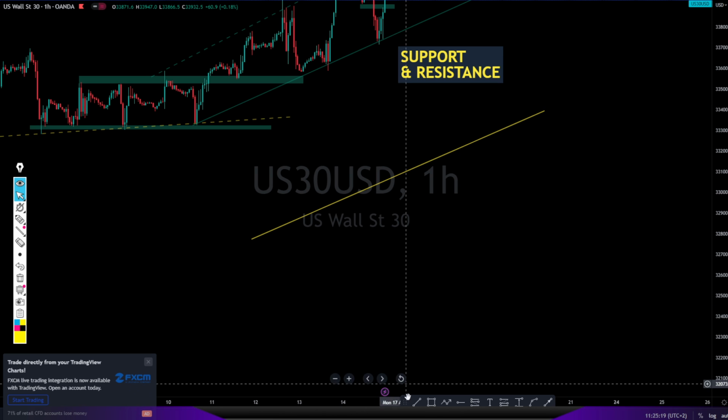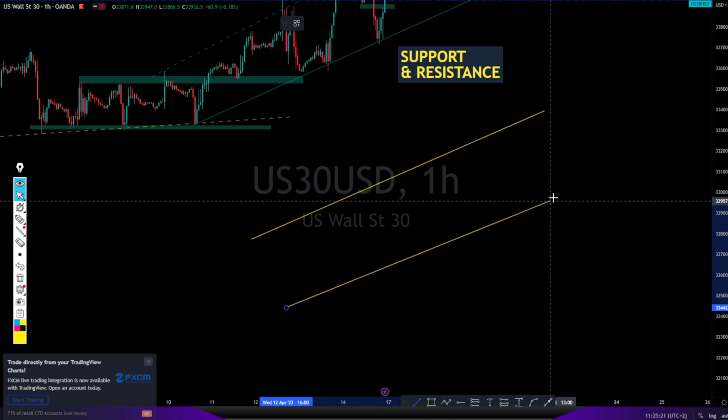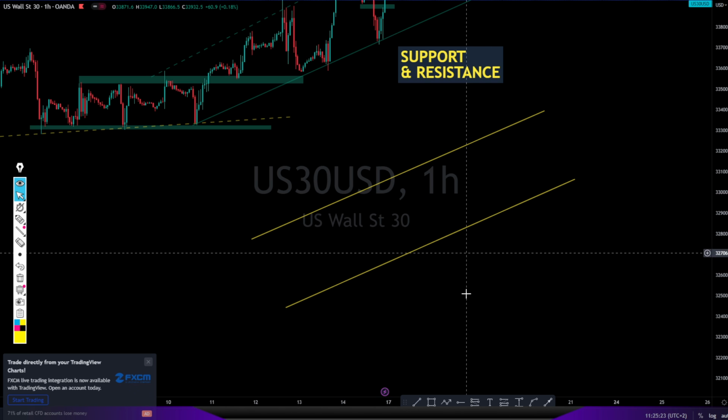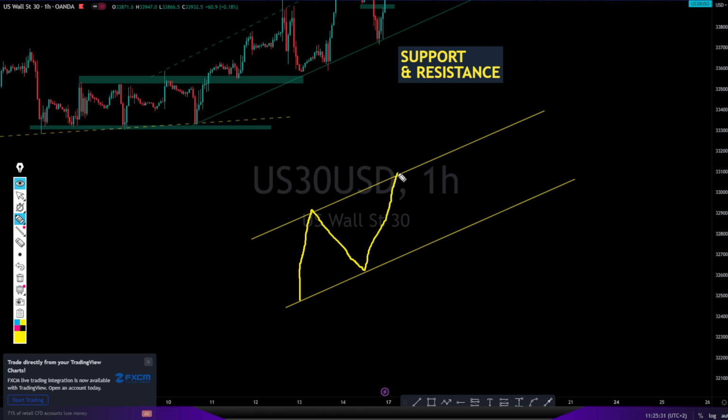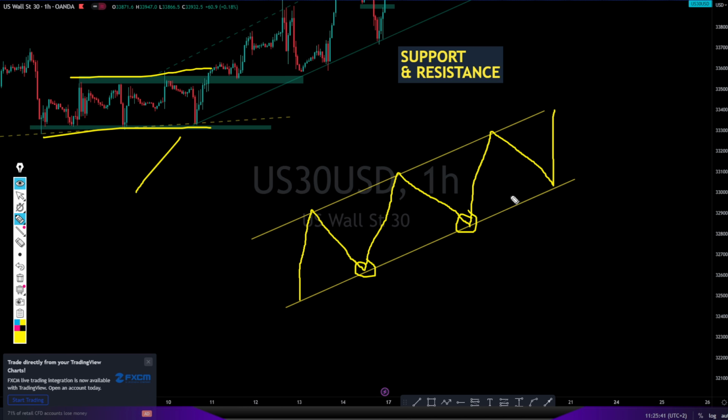So once the market starts to move in an uptrend or downtrend, the market will still continue with the same support and resistance, but in a diagonal form. It's the same structure, but now it's in a diagonal form. You can see that this is still the support and this is still the resistance. So this is just the same thing.